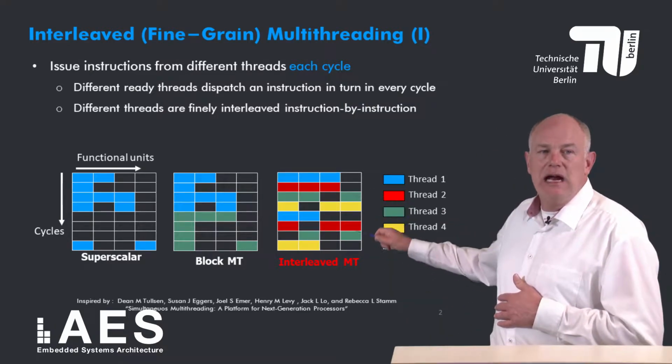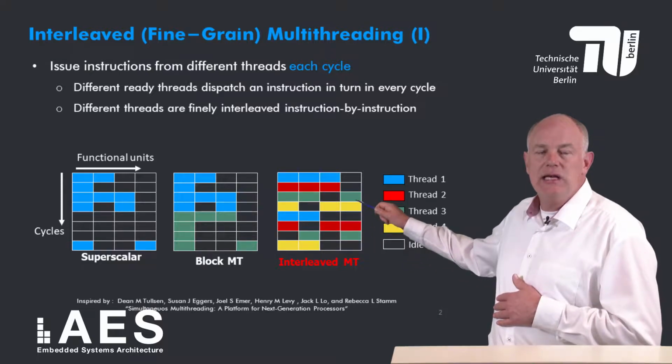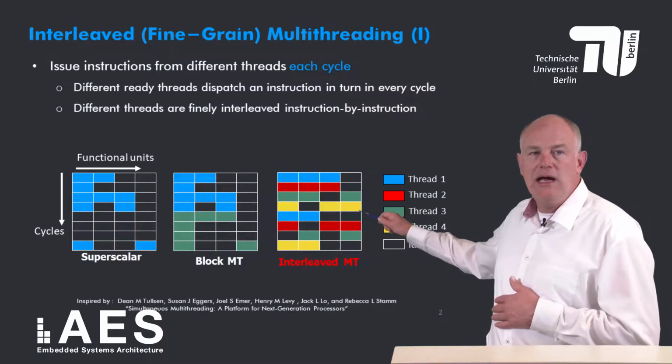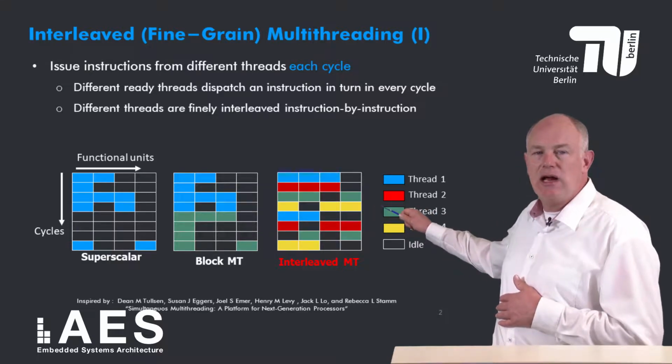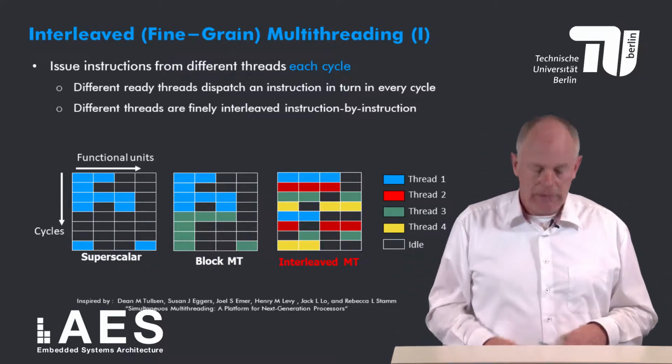This figure here illustrates fine-grain interleaved multithreading because in the first cycle we issue instructions from the blue thread, thread 1. In the second cycle we issue instructions from the second thread, the red thread, and so on and so forth.